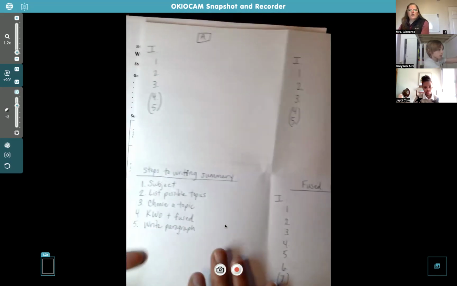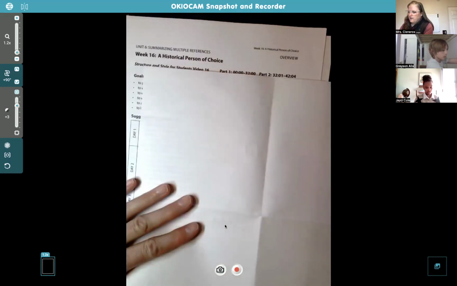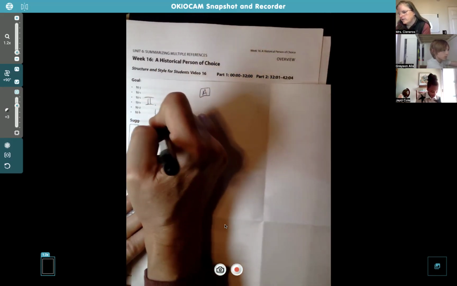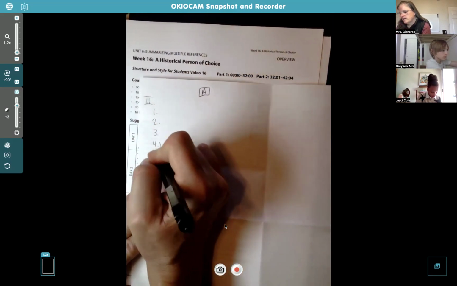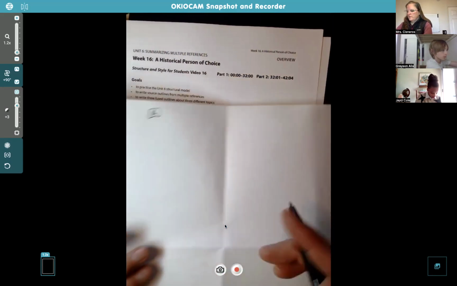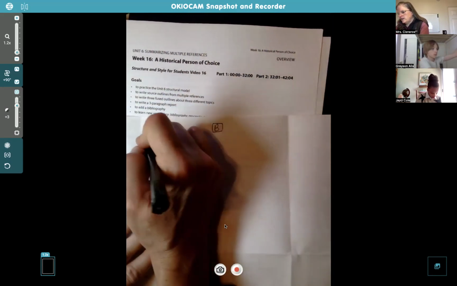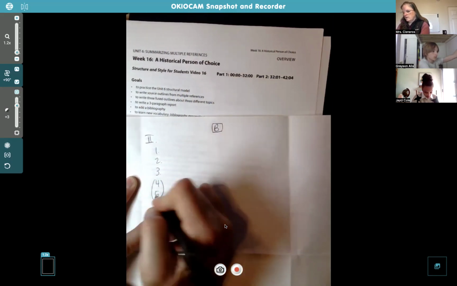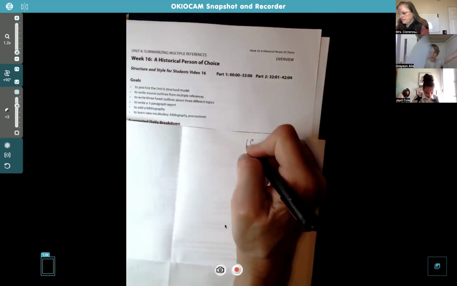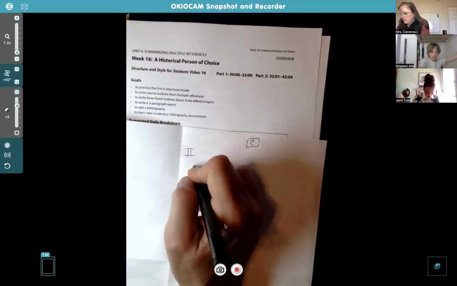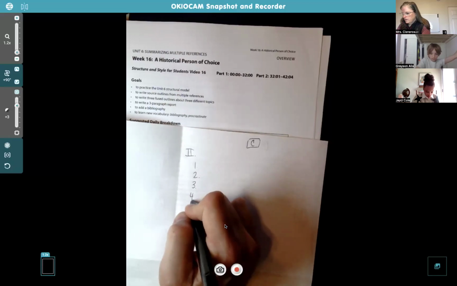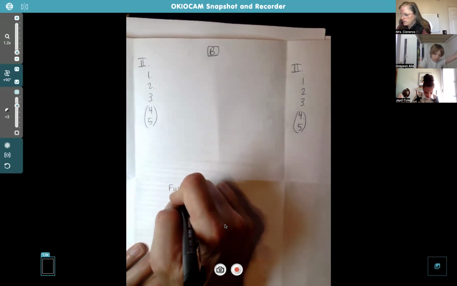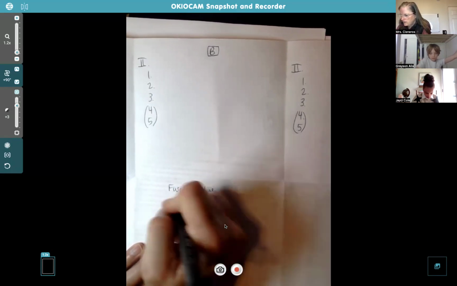All right, so we got Roman numeral 1 set up. Let's flip it over and set up Roman numeral 2 so we're good and ready for this whole thing for this week. On the back is Roman numeral 2. A, B, and C. And then fused outline.